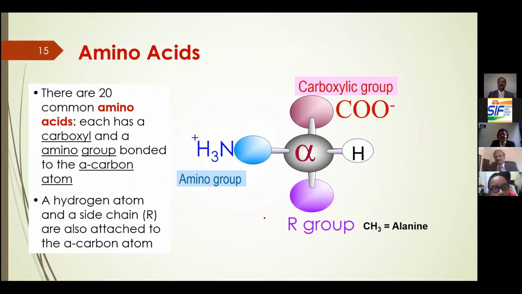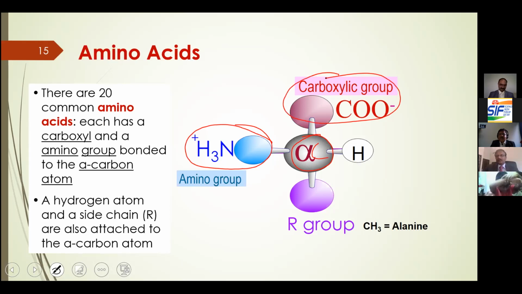So what is an amino acid? If you see a molecule that has a carbon right there, and it is attached to this amino group, also known as ammonium group, and it is also attached to the COO group, also known as carboxylic group. And then there is this R group here. It can be different, and there is an H.